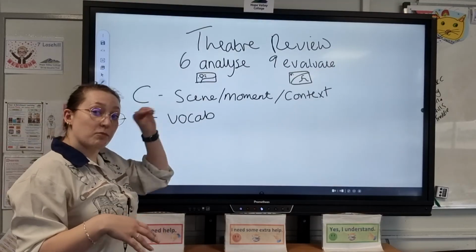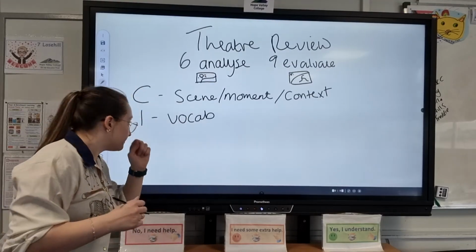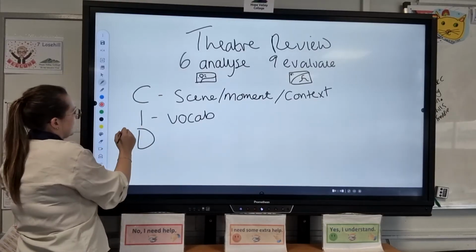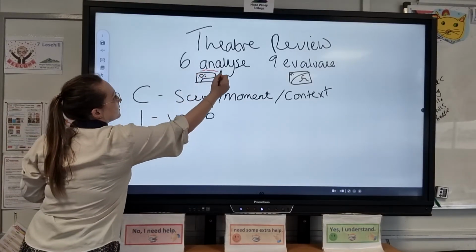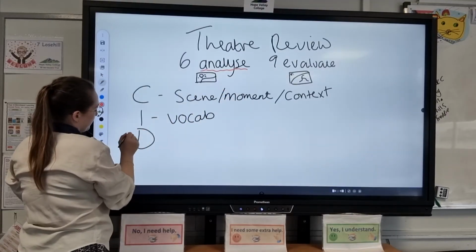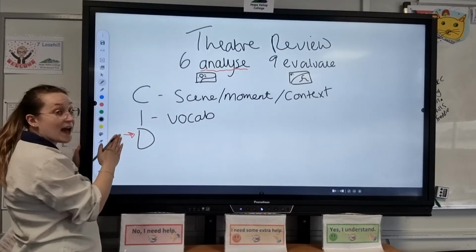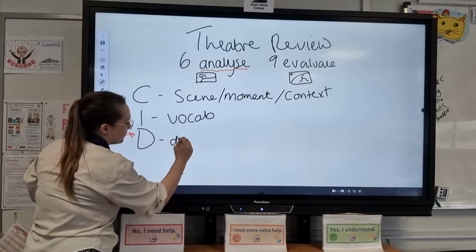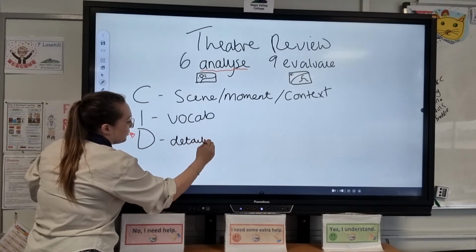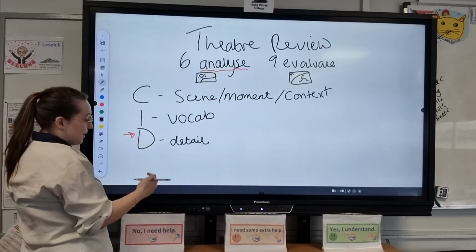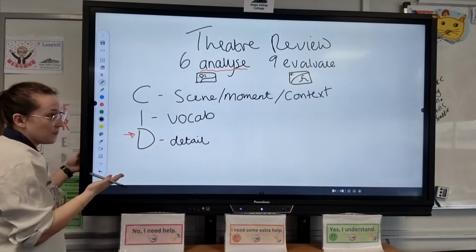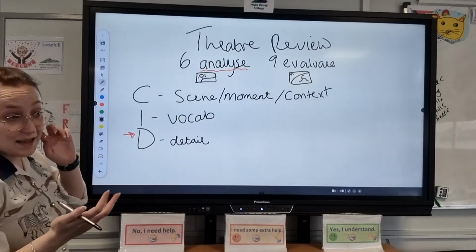So we're trying to pinpoint what it is we're doing. Then, if this is an analyse question, we're trying to add in more detail to the discuss direction. Even if you are evaluating, you need detail, but for the analyse question, you get most of your marks here. So do just bear that in mind.